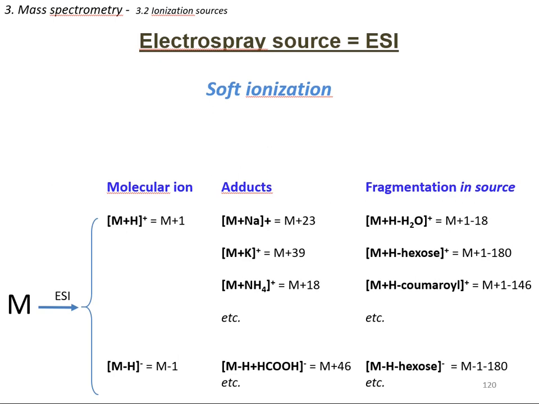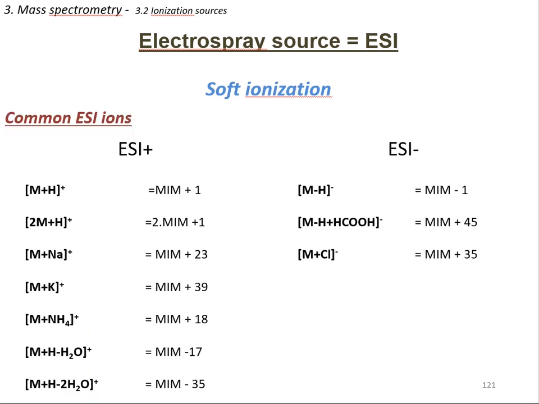But most of the time, you will also find other adducts that you don't really want. In fact, sometimes they are useful to make a diagnosis and to be sure of what is the mass of the molecule, but most of the time it's not really desirable.